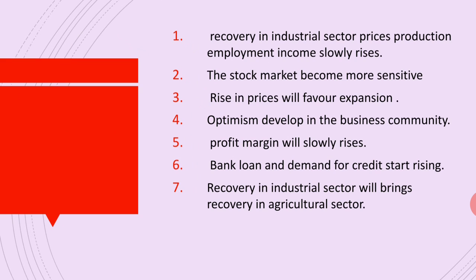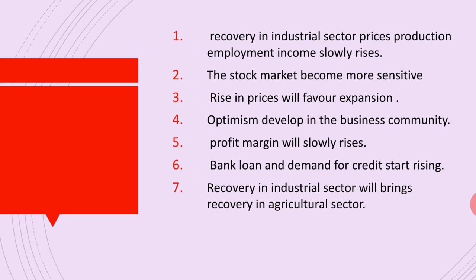When profit increases, automatically the banks are ready to give loans and advances. Demand for loans and advances increases. Bank loans and demand for credit start rising. Automatically a full swing appears in the banking sector of the economy. Their credit creation power expands. They give more and more loans and advances at a cheaper rate of interest.